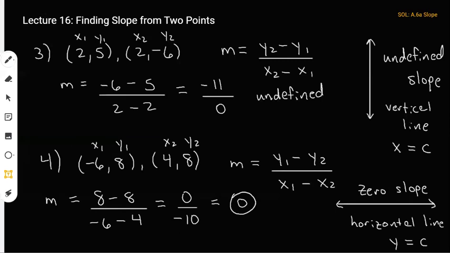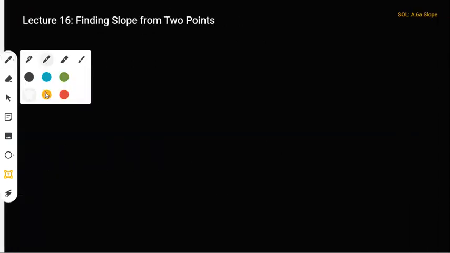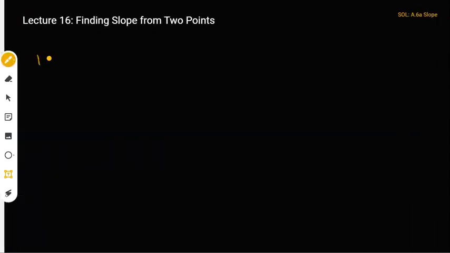You do have 2 assignments that are going to be due on Sunday, so let's talk about those. The first one, what we covered today, is you're going to be finding slope from 2 points.